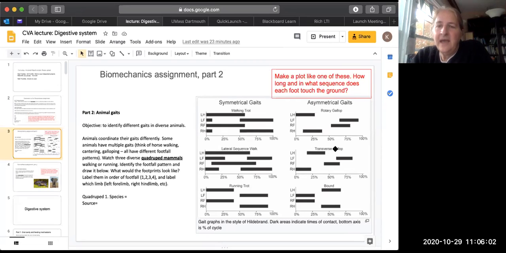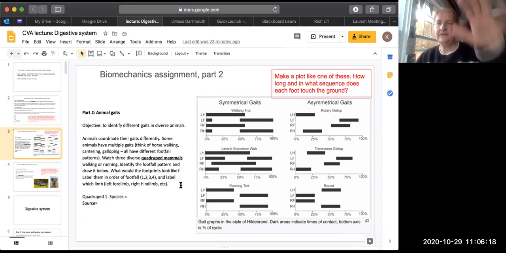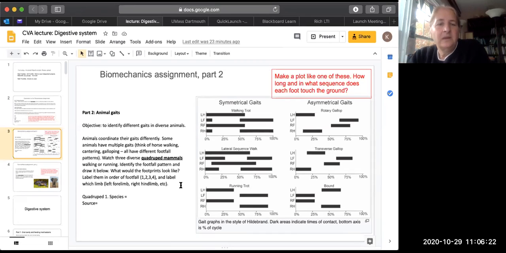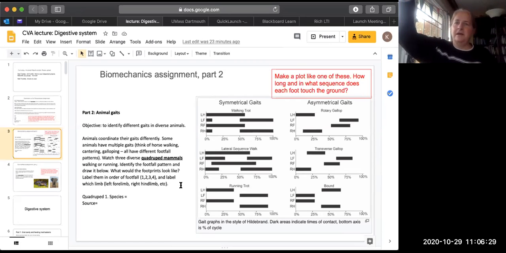And here are gallops, different types of gallops, trots, right, left, right, left. So you can see it's very diverse. It's something that most people don't think about very much, but it's actually the coordination of how the feet fall in different animals for running. Sometimes it's left and right together on either side.